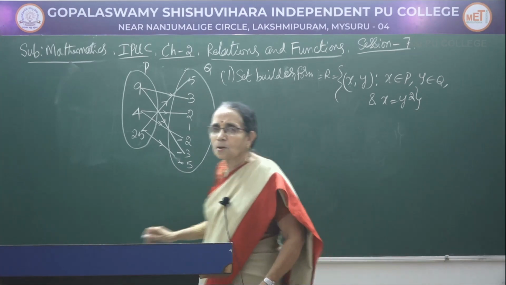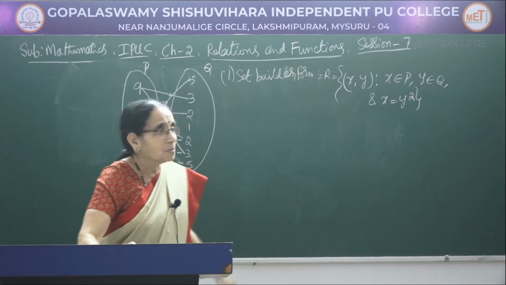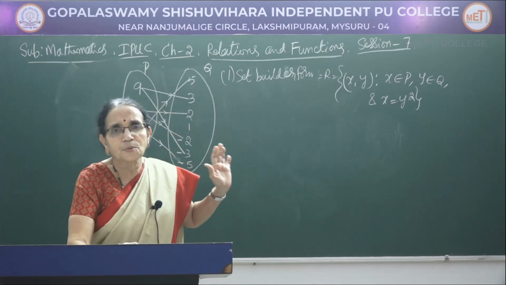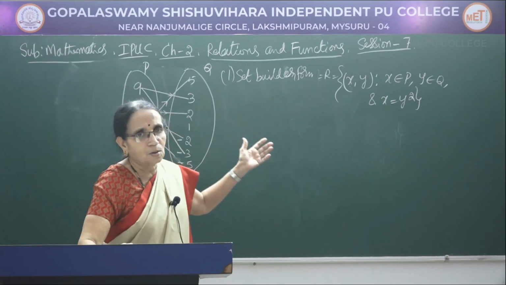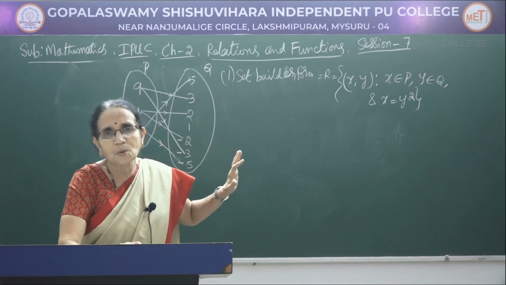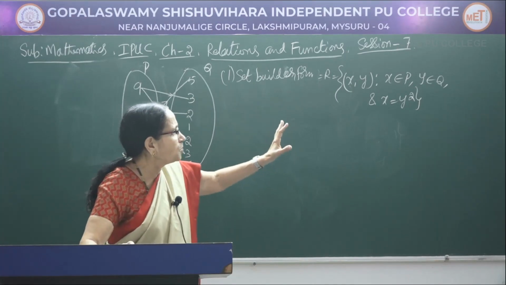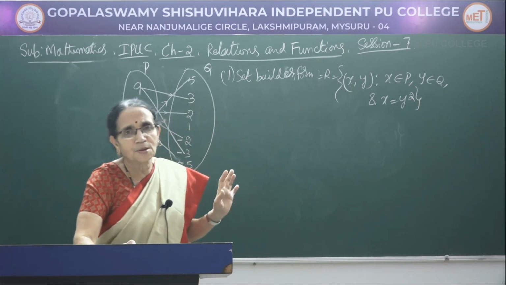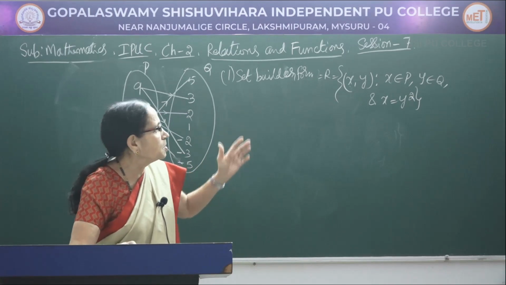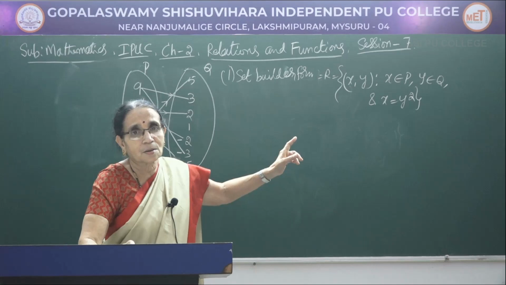The first element belongs to the first set and the second element belongs to the second set, that is known to us, because each relation is a subset of A cross B or P cross Q. We have to take the ordered pairs here. First element should be taken from the first set, second element should be taken from the second set. Still we specify that x belongs to the first set P here and y belongs to the second set Q, and now I am defining the relation.